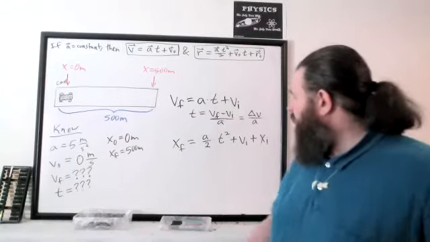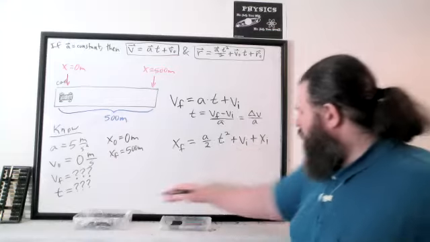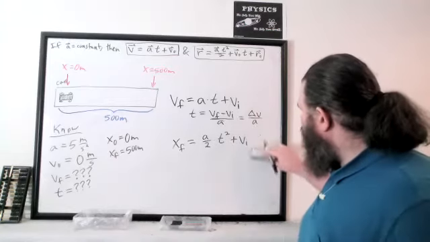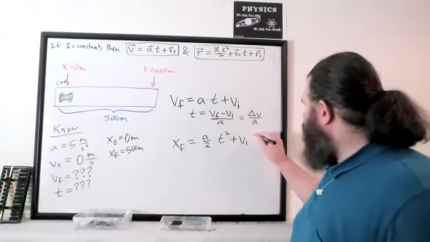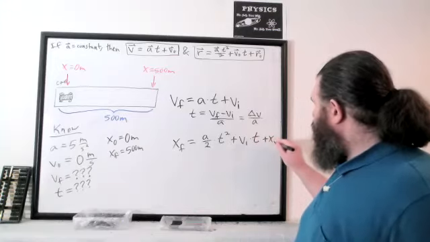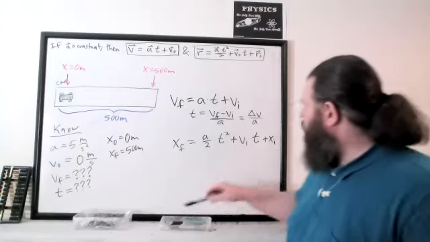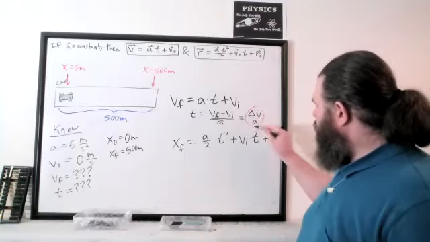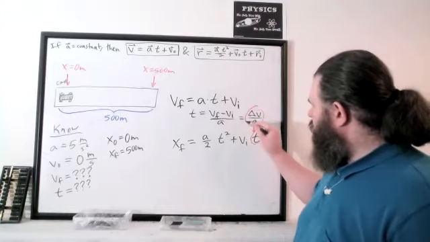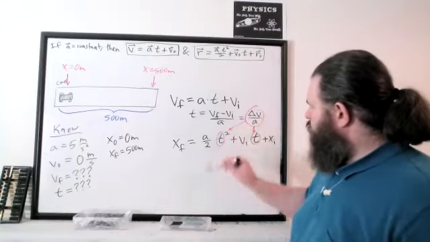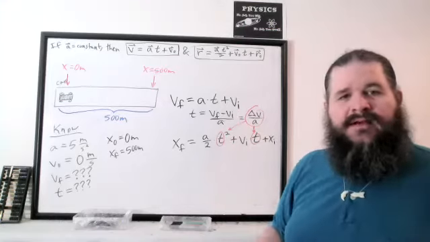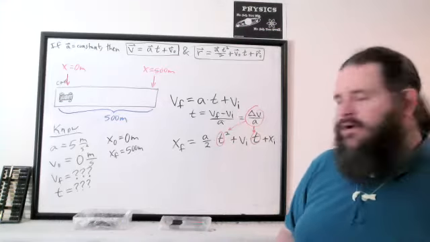If we substitute that in everywhere we see time here, if we replace every t with this, then we should be able to get a formula that doesn't involve t at all.